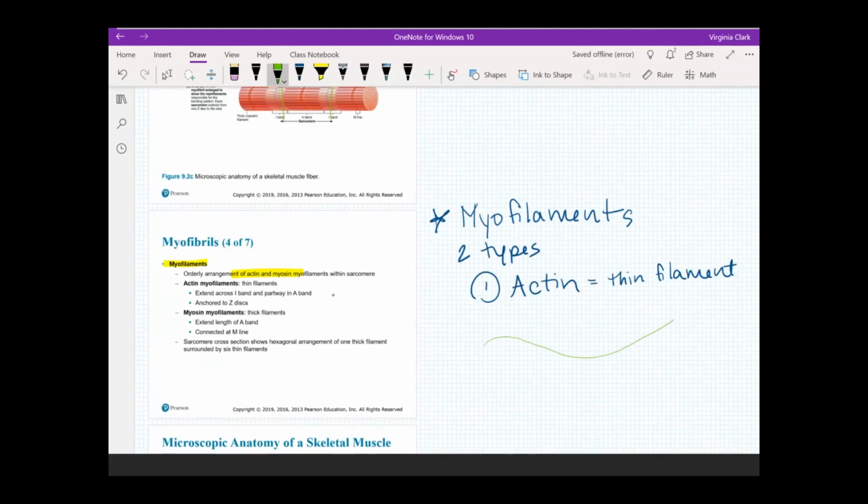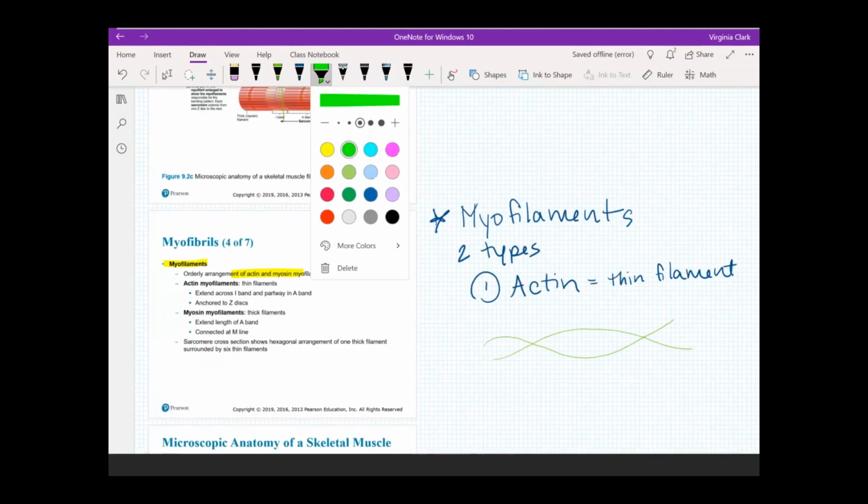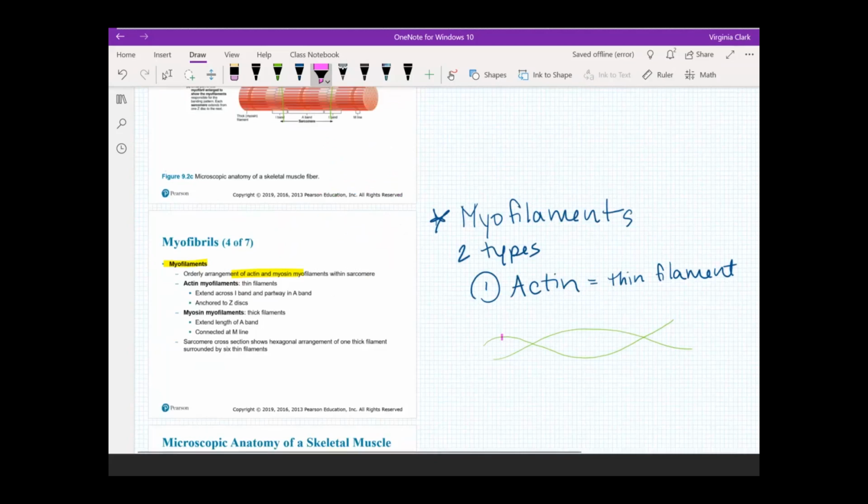There is one bead string, here's another string of beads, and all the way down my little string I am going to have these actin proteins. A thin filament of actin is two strings of actin-like beads strung together like this. So this is our thin, or actin, filament.